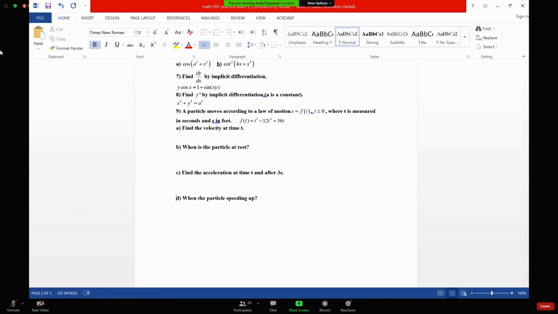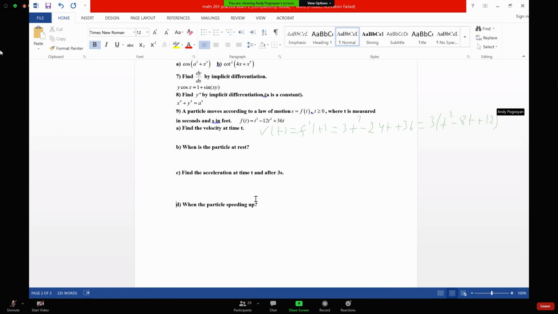So you have an example in your lecture notes, you have an example in the book. So velocity: the particle moves according to the law of motion, where t is measured in seconds, s is in feet. So starting from v(t) equals f prime of t, which is 3t squared minus 24t plus 36, which equals, if you factor out 3, 3 times t squared minus 8t plus 12.